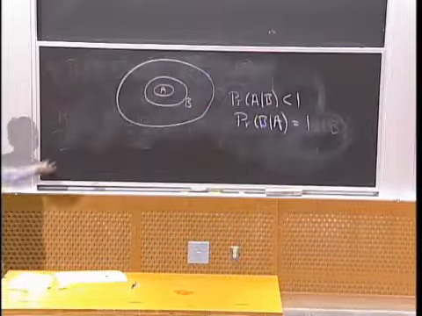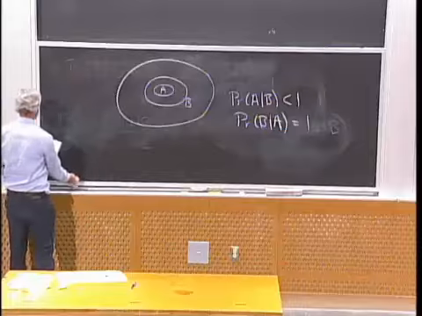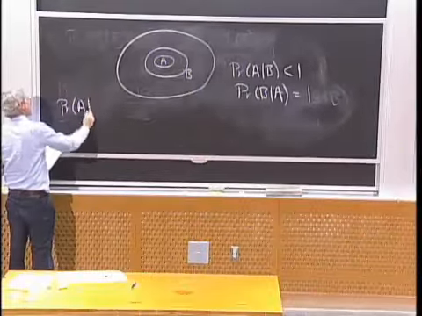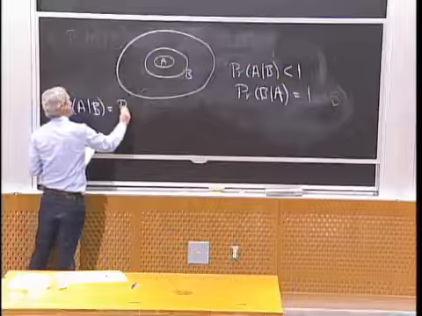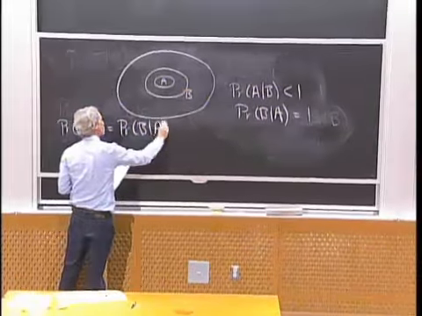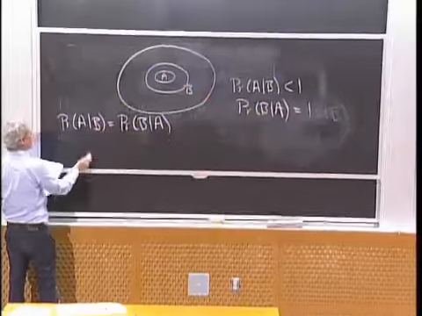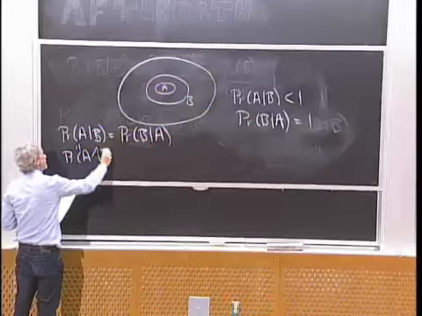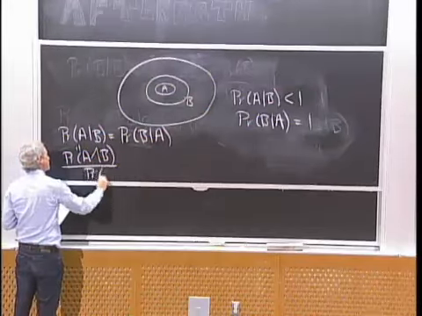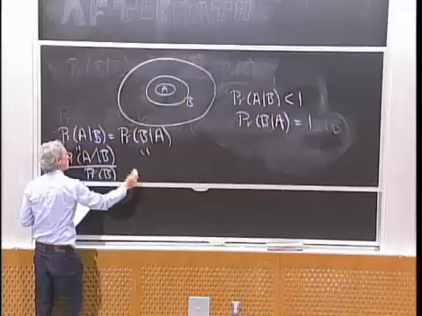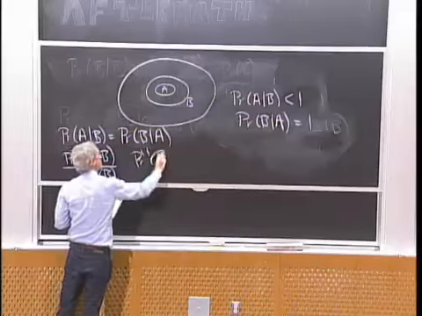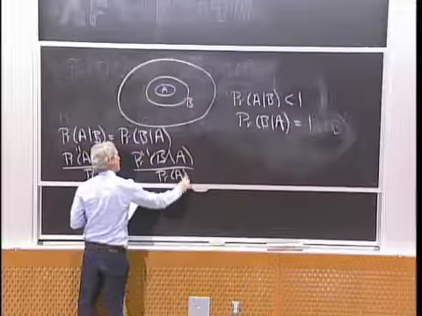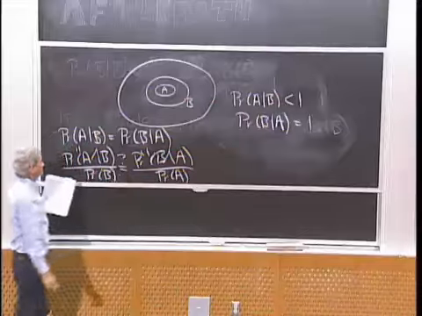When are they equal? Because they were equal in this case. What makes them equal? Let's see. When does probability of A given B equal probability of B given A? Well, if I plug in the formula, this equals probability of A and B over probability of B. That equals probability of B and A over probability of A. So when are those equal?